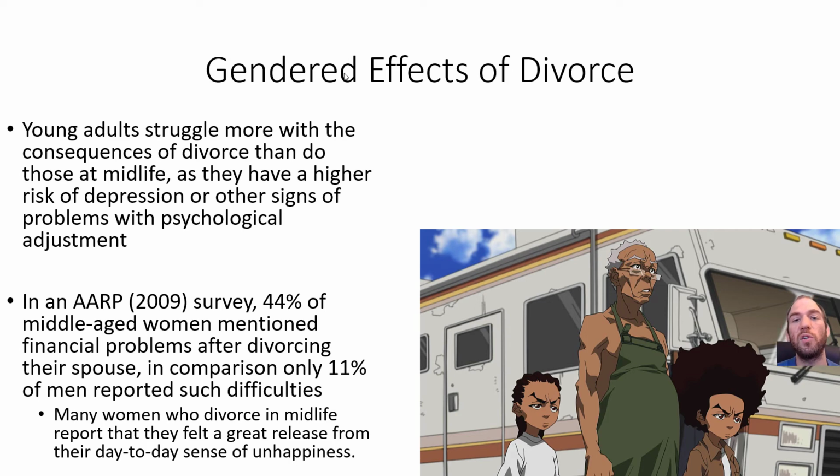And young adults, you can imagine, in general, young adults who get married at maybe 18 years old, maybe having gone through less development themselves, less accumulation of personal resources, financial resources, and social resources as well.